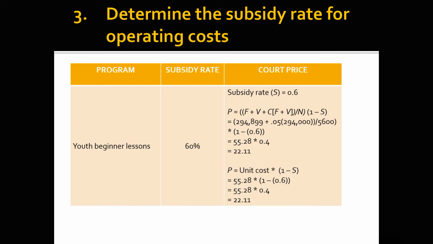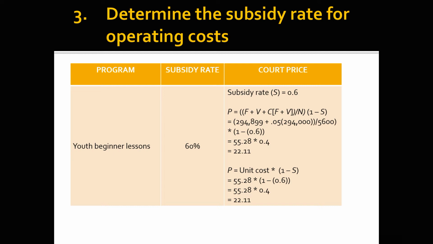I've done the same thing with the other programs here. So here, the youth beginner lessons. You'll see here that the subsidy is 60%. So in this case, if you look at the bottom one, the easier formula, P equals unit cost times 1 minus S. We have our unit cost, we have our court price is 55.28 times 1 minus 0.6 because it's a positive number.